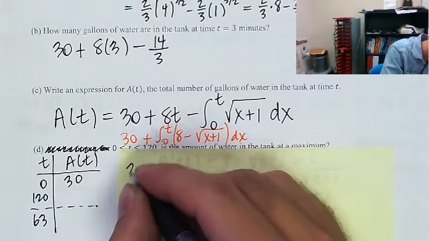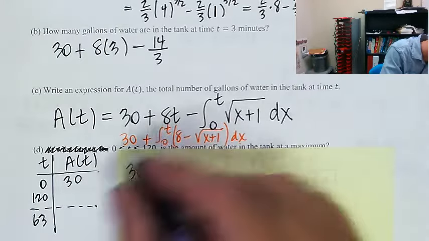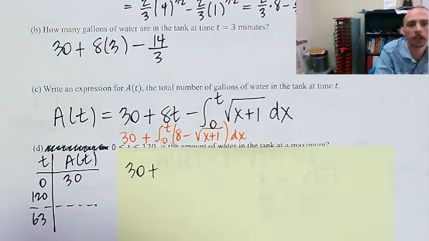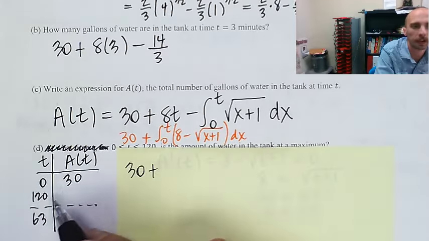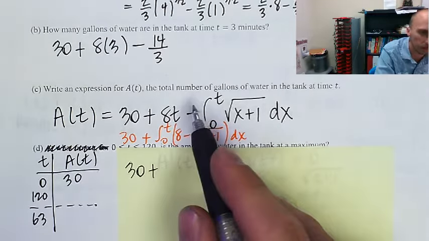So it'll be 30 plus 8 times 120. You just think, this is arithmetic, it's just got that extra 0 on it. 12 times 8 is 96.